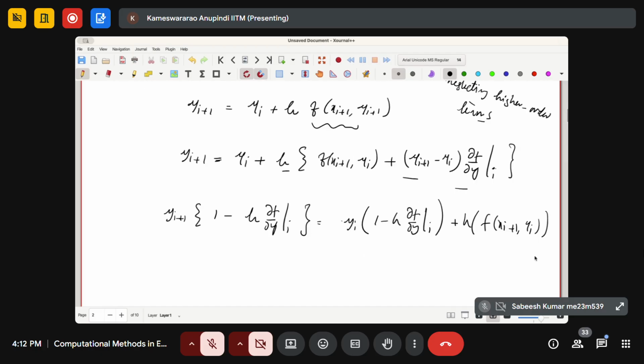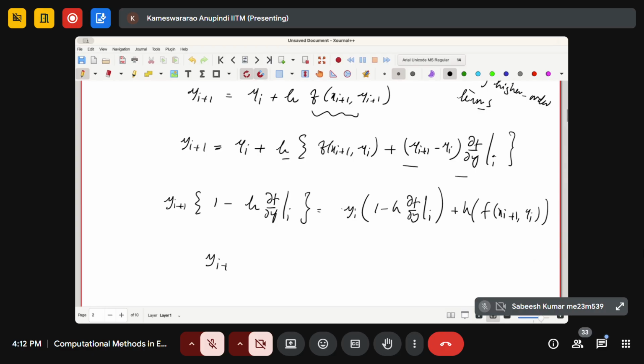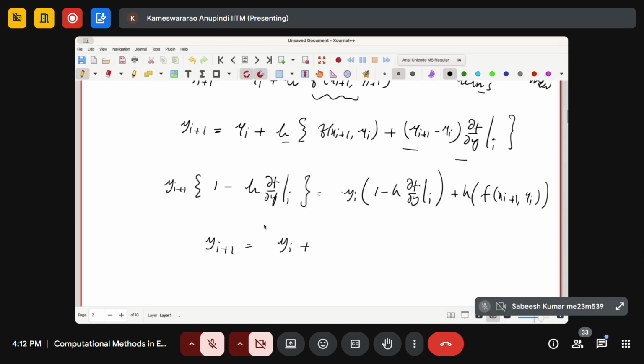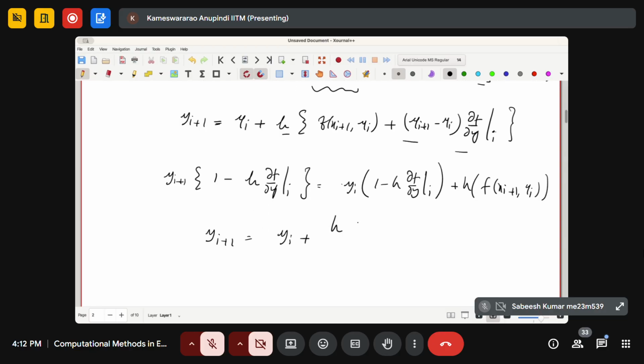That means I can calculate yi plus 1 equals yi plus h times f of xi plus 1, yi divided by 1 minus h times partial f by partial y at i.